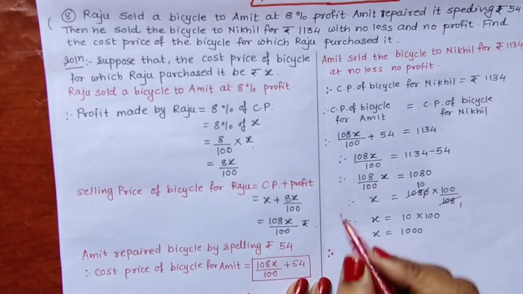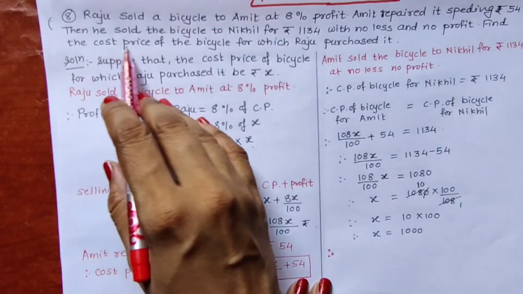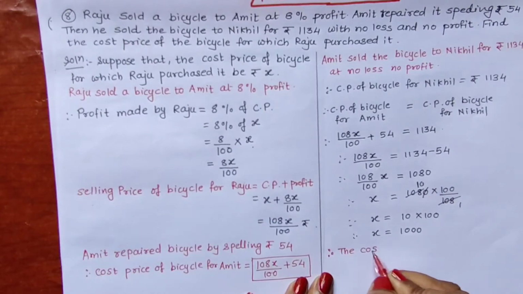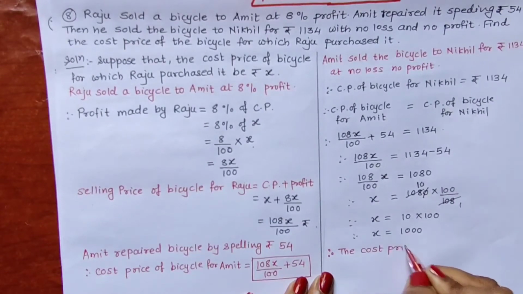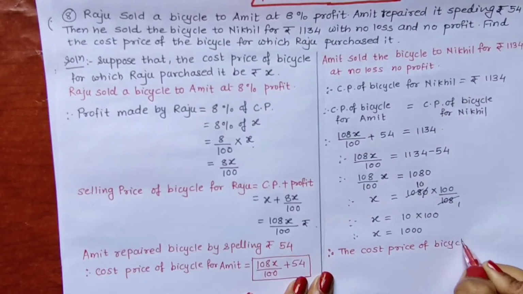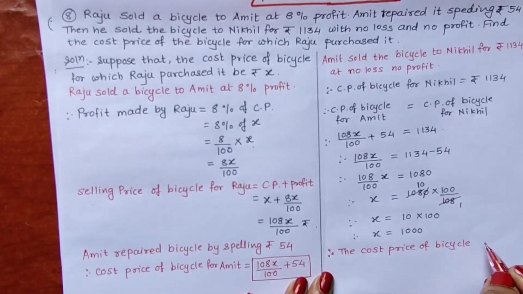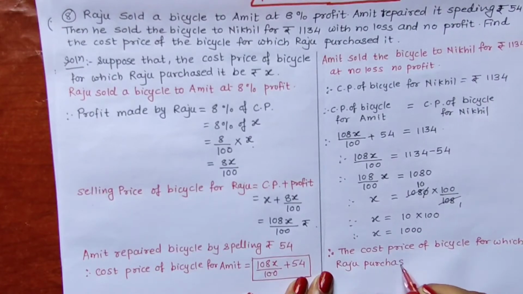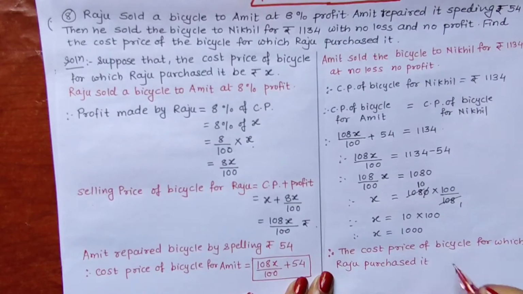From the last sentence of the question: the cost price of the bicycle for which Raju purchased it is rupees 1000.